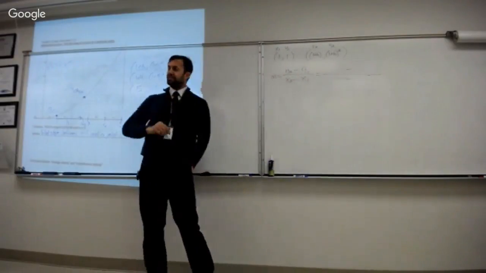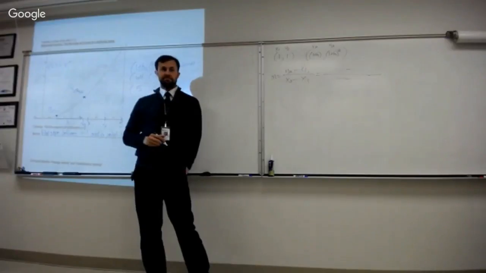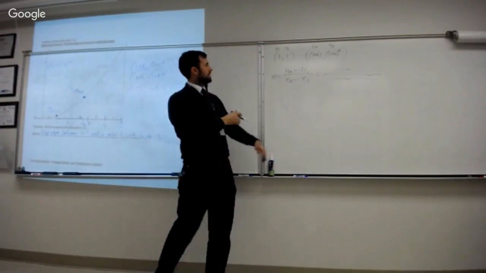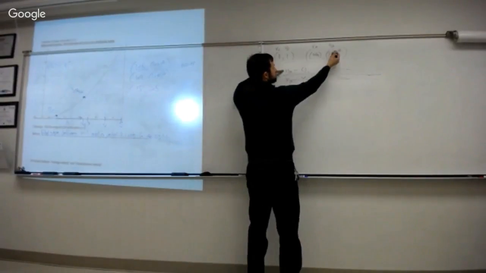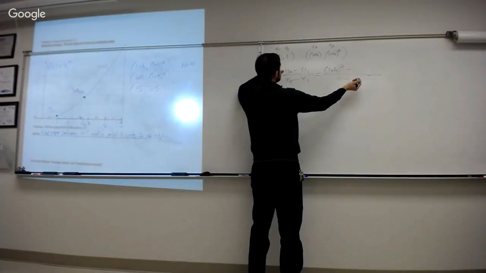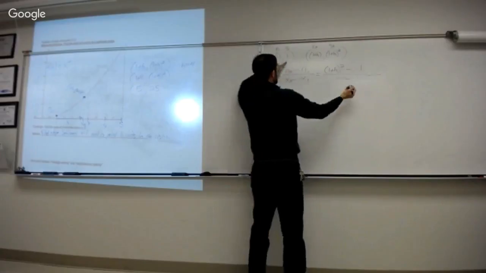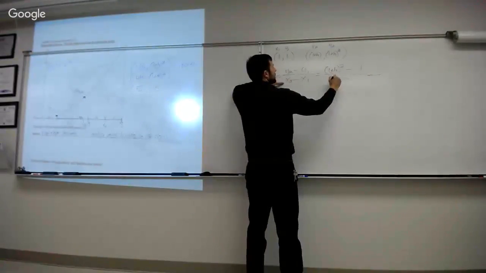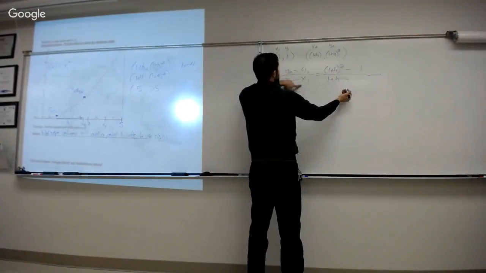Now what should we do? Just plug them all in, right? What's my y2? 1 plus h quantity squared. What's my y1? 1. What's my x2? 1 plus h. And what's my x1? 1.